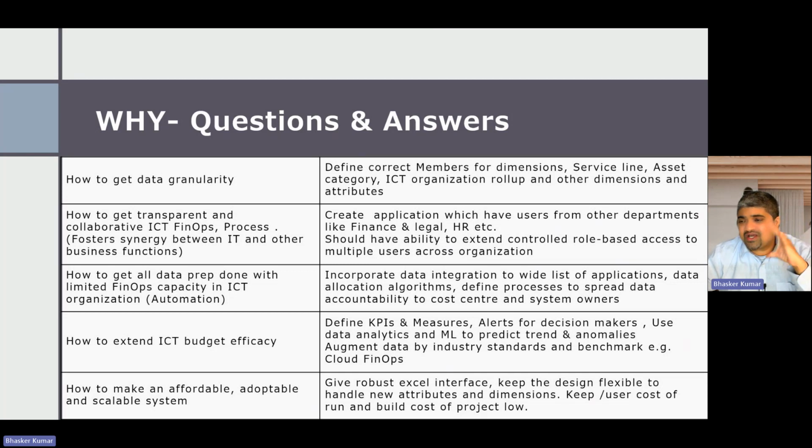There are different CIO dashboards in the market which are not very customizable, and there is also a per user cost. They don't integrate very well with Excel. So the model that we are proposing will integrate very tightly with Excel. It is very cheap because it is just hosted on Excel. It just needs a backend server to run some business logic and a database to store the data.